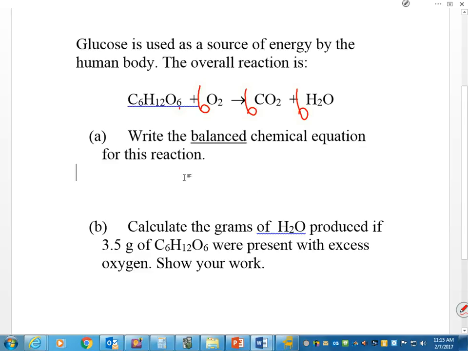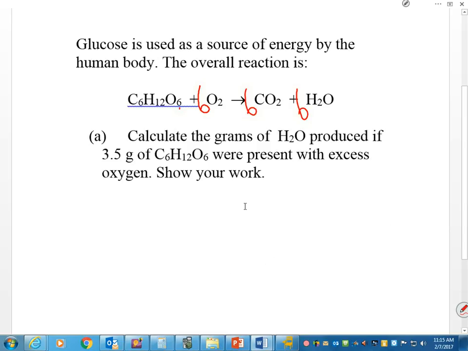Next thing we should do is look at the next part of the question. So it says, calculate the grams of H2O produced if 3.5 grams of C6H12O6 were present with excess oxygen. Okay, so they give you so many grams of sugar and ask how many grams of water.